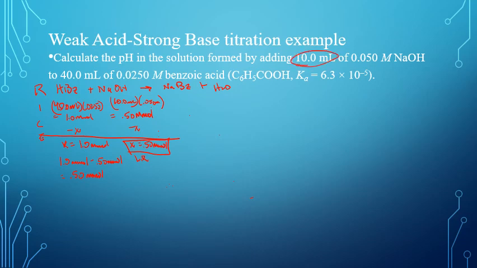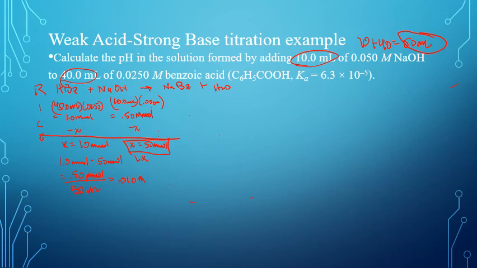So I have 10 milliliters plus 40, which gives me a total of 50 milliliters of the solution. So I'm going to divide that by the 50 milliliters. Again, the millis cancel, leaving me with moles per liter, and that would give me 0.010 molar for the HBZ concentration.